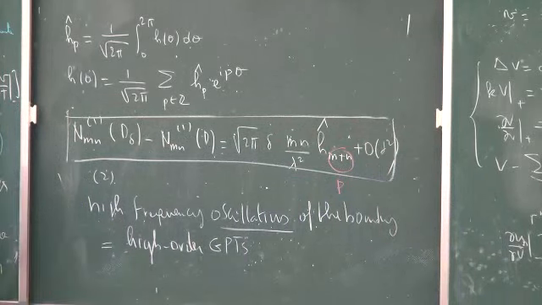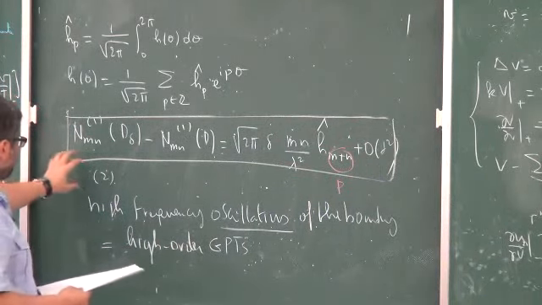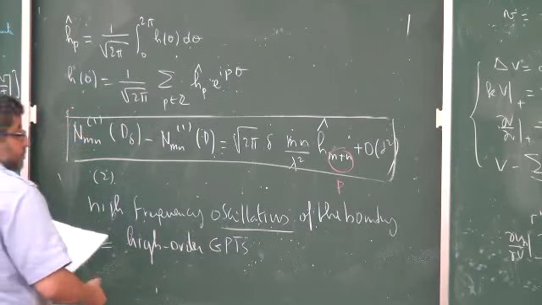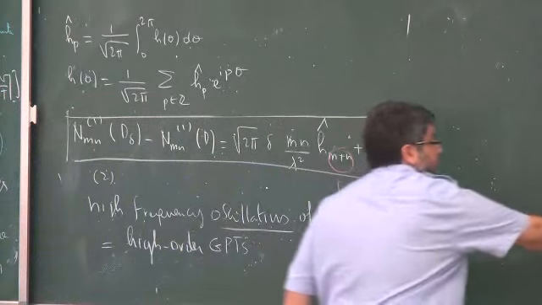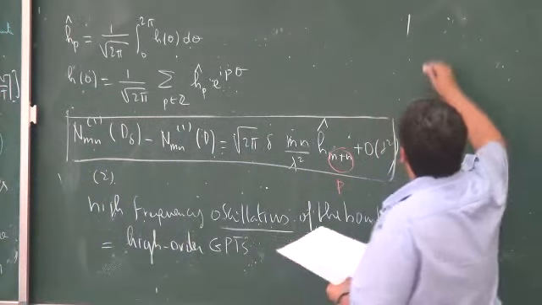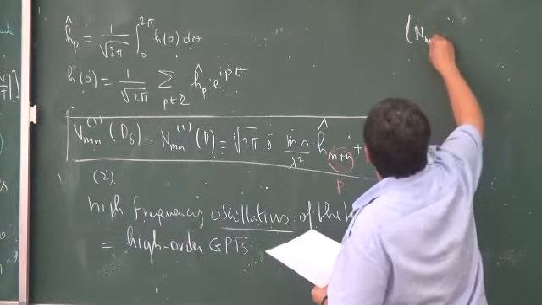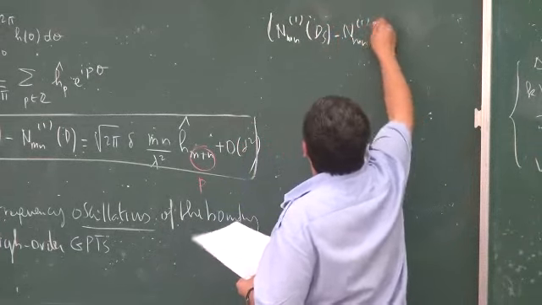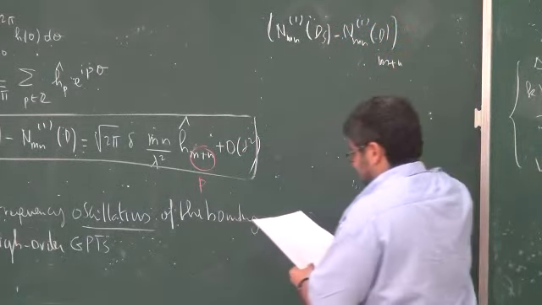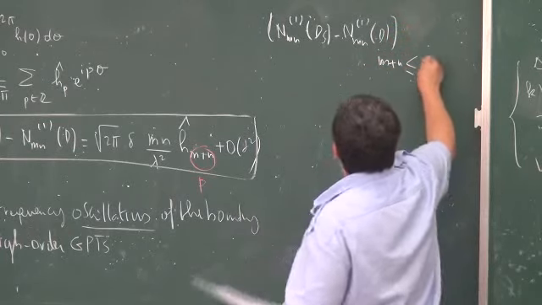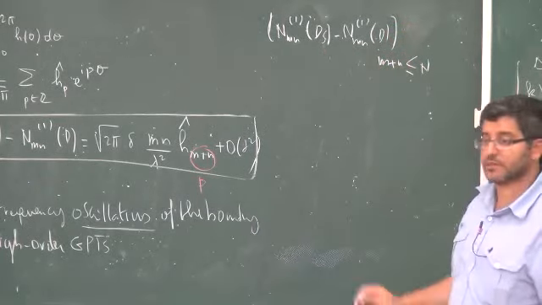Okay. Now, if you have the set of N_mn of D_delta minus N_mn of D for m plus n smaller than n, you have only these observations.